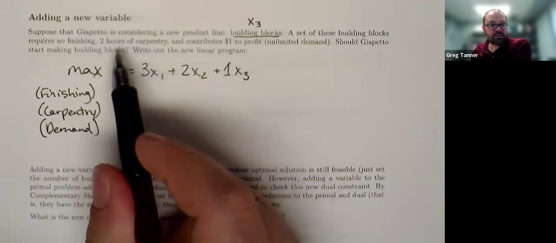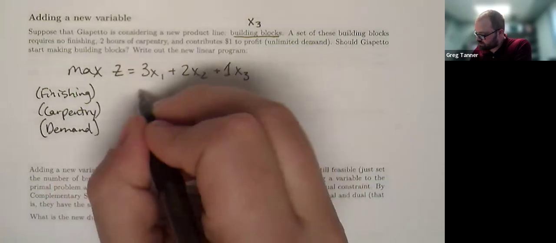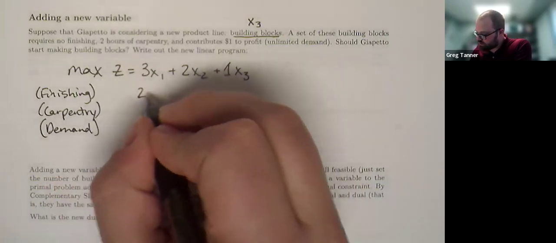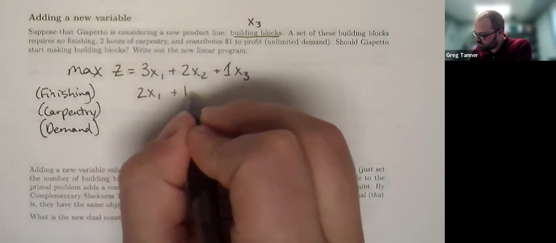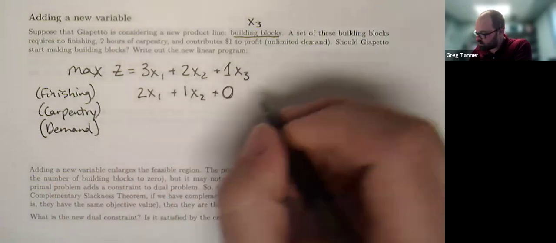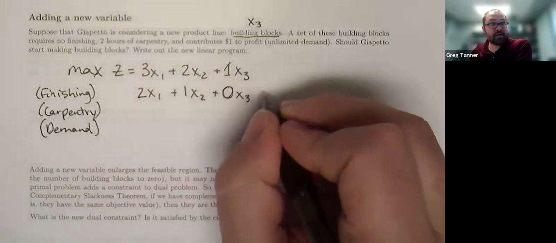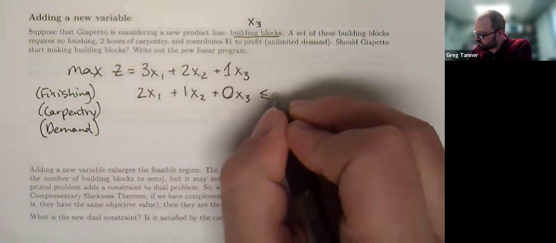Now, the toy blocks require no finishing, so our finishing constraint stays the same. So it's going to be 2x1 plus 1x2 plus, we can think of it as a 0 x3. It takes 0 hours of finishing for x3, and that has to be less than or equal to 100.